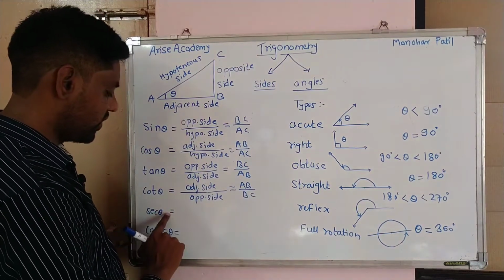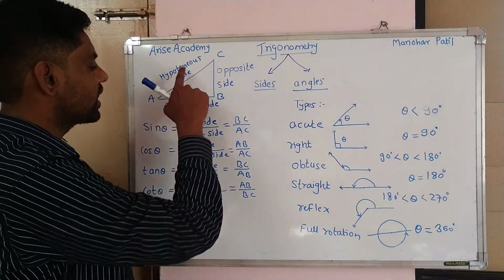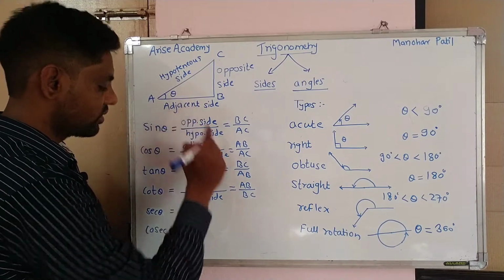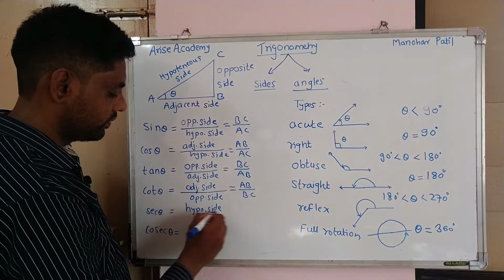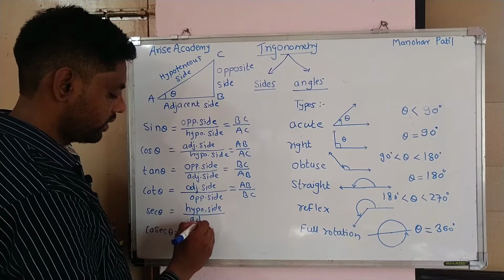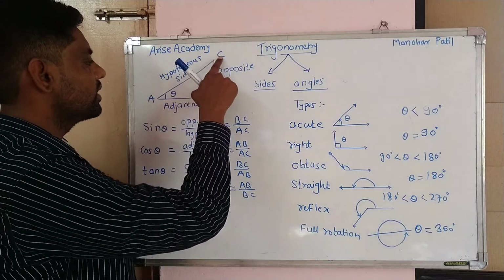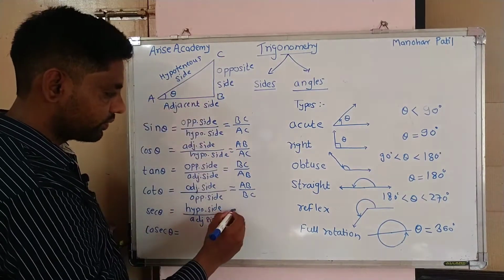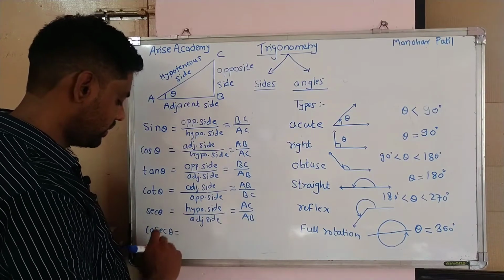Next, sec theta is nothing but hypotenuse side upon adjacent side, that means AC upon AB.